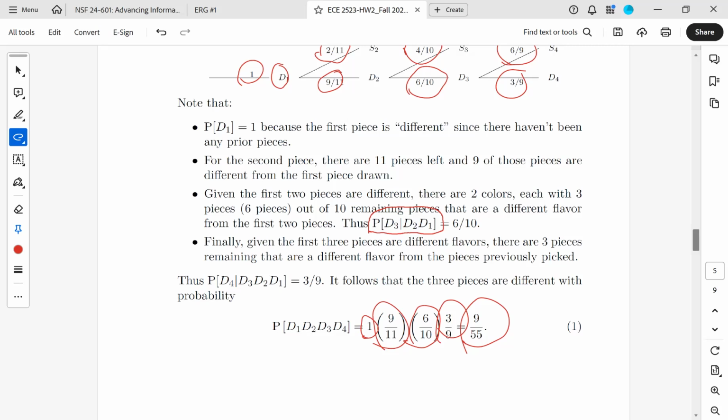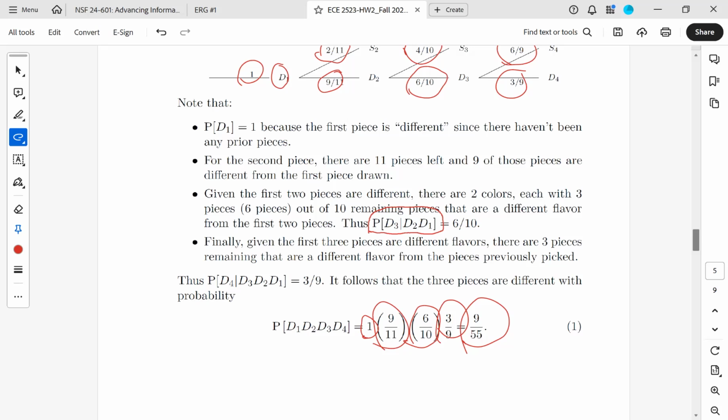This notation means: what is the probability that the event D3 happened? Event D3 is picking the third draw with a different flavor from the other two.